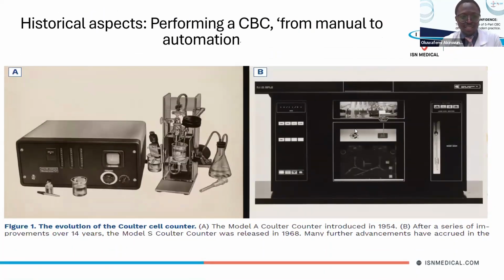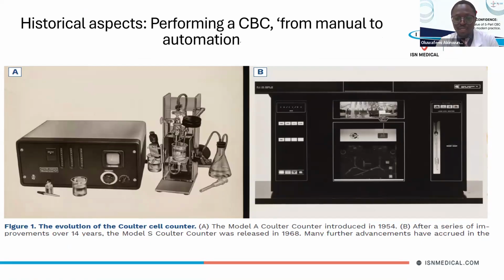After a couple of experiments, Wallace Coulter and his brother came up with the very first automated full blood count machine, called the Model A Coulter counter. This is a picture of it.